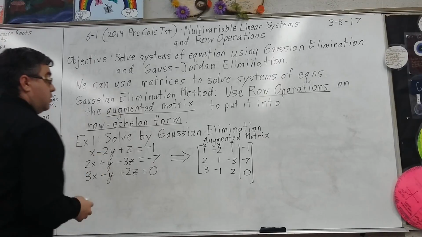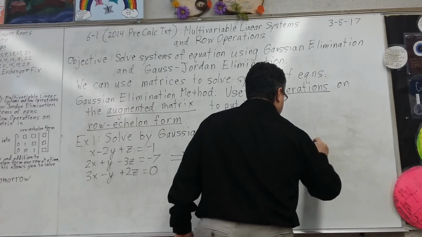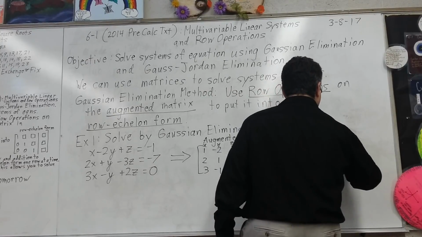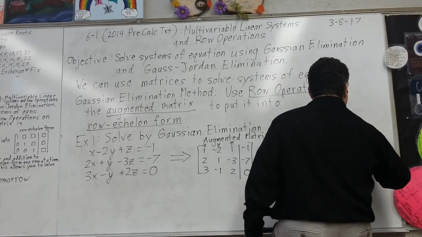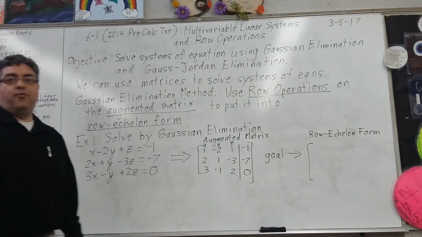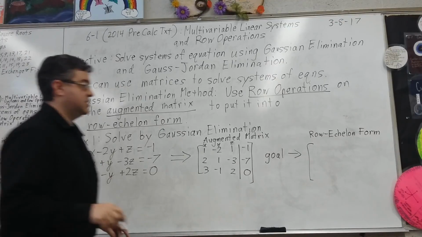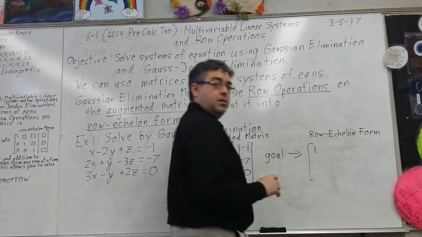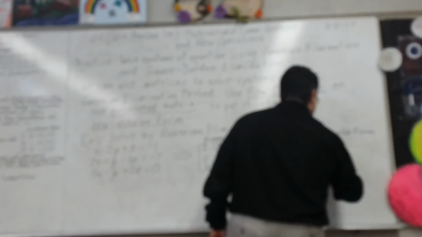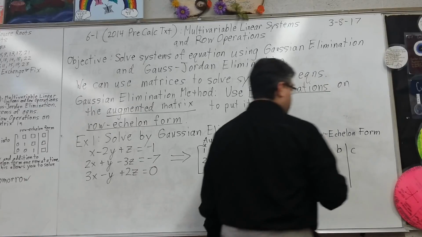Now, let's talk about our goal. Our goal is to go to row echelon form. Row echelon form looks like this. It'll be a 1 for the first row, then some number, then some other number, then a number in the answer.